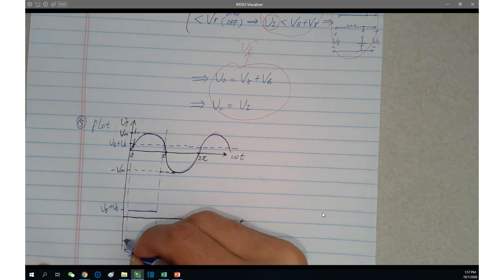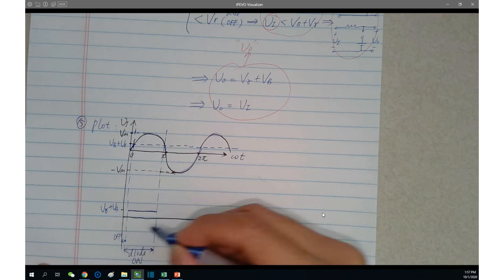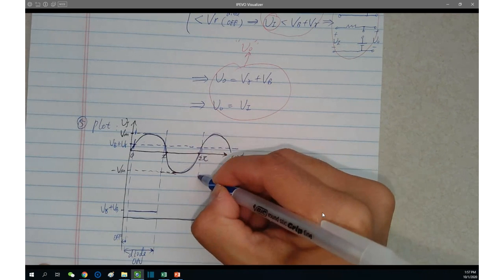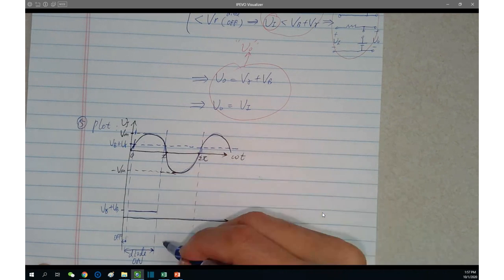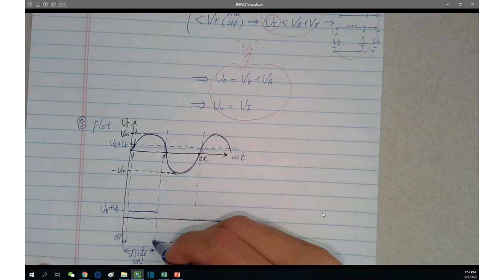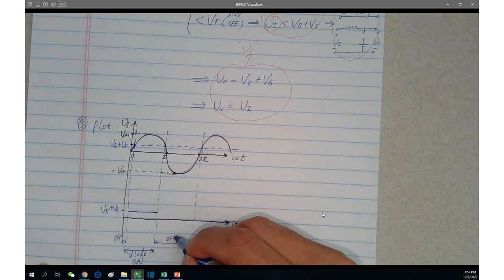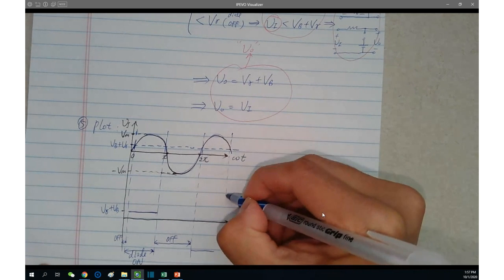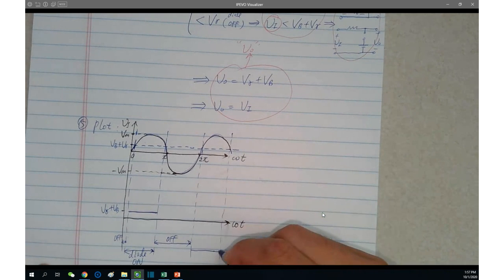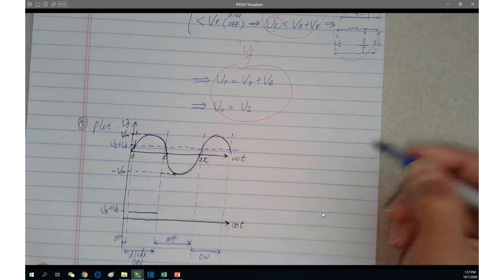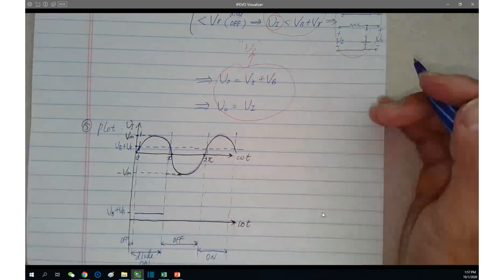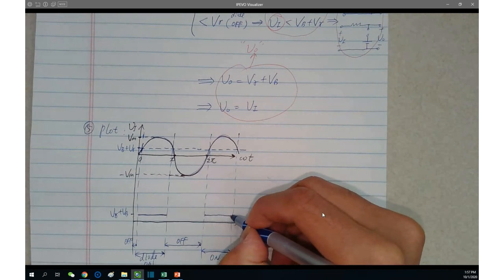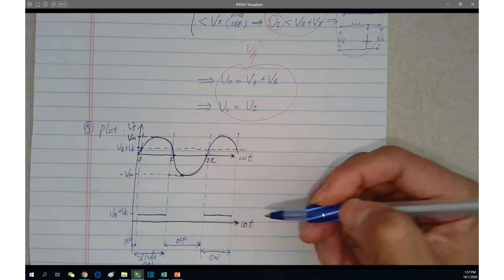In this range, the diode is off. The next on will be here. So during here, the diode is what? Off. And on at the next intersection. Does it make sense? When on, we just mentioned, it's a constant, VB plus V gamma.